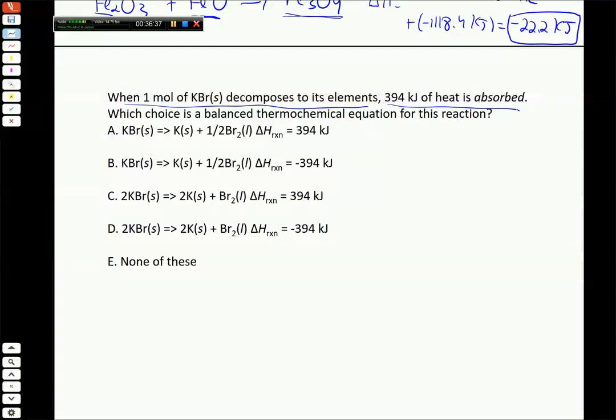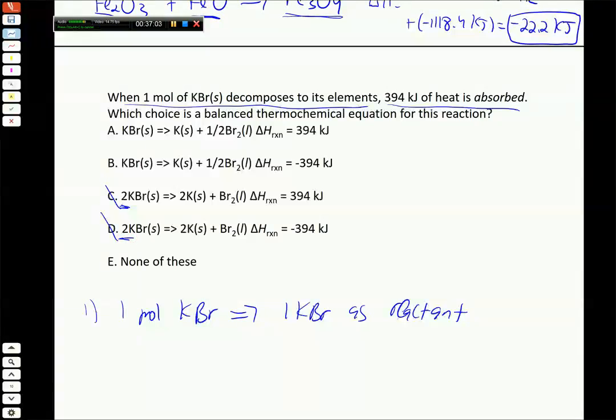So the two key pieces of information are, one, we're using 1 mole of KBr, which means we should have 1 KBr as a reactant. We shouldn't have any coefficients in front of KBr because we're told that this is the decomposition of 1 mole of KBr. So that eliminates choices C and D because those have coefficients of 2 in front of KBr.